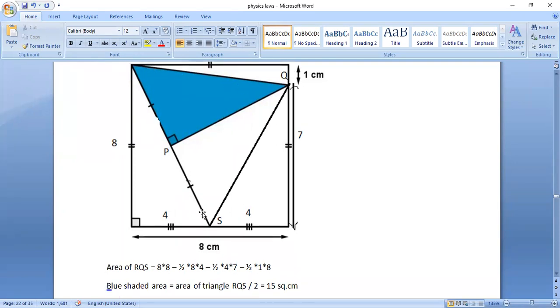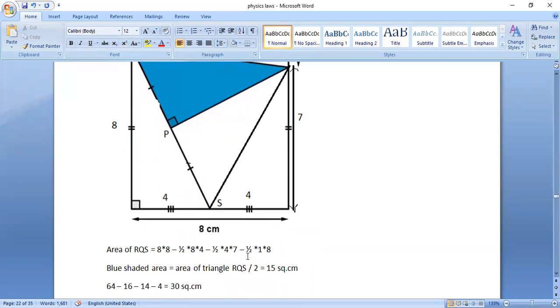So if I get the area of the whole triangle, if I divide it by 2, I'll get this part easily. Okay, that is what we have done. 64 minus 16 minus 14 minus 4 will give you 30. So the area of the whole triangle is 30. Divided by 2 will give you 15.